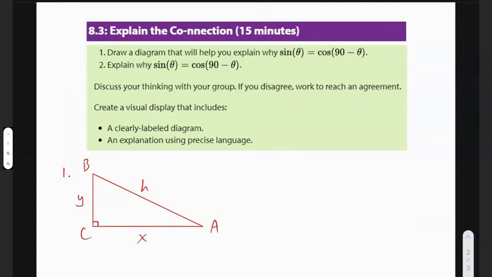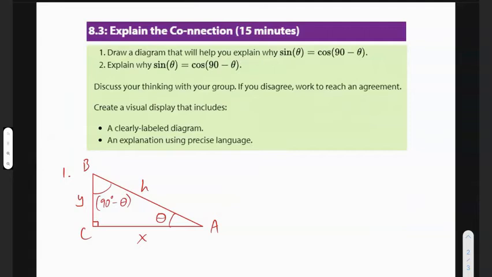Let's say my reference angle is here, angle A, theta. If theta was 20 degrees, we know that angle B would have to be 70, right? So whatever theta is, angle B is really just the remainder out of that 90 degrees. So 90 minus whatever theta is, right? Everybody agrees with that?